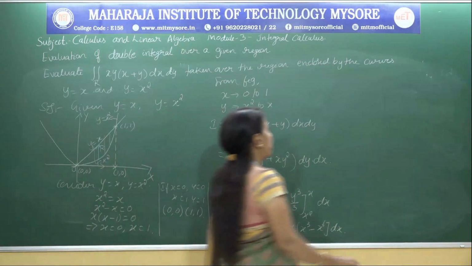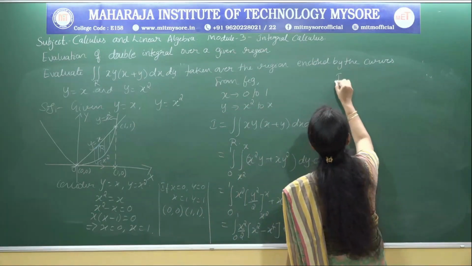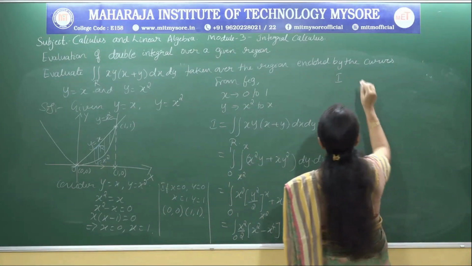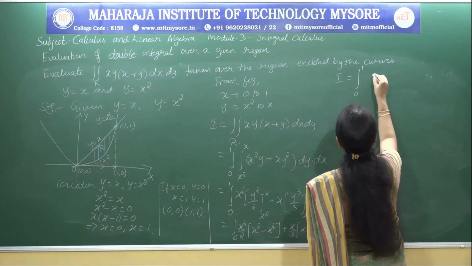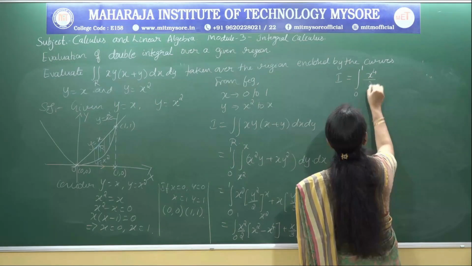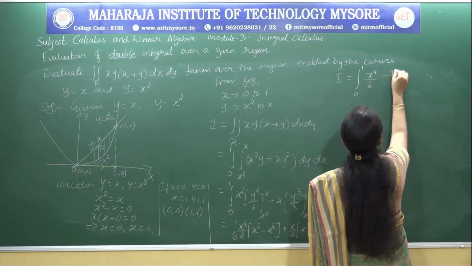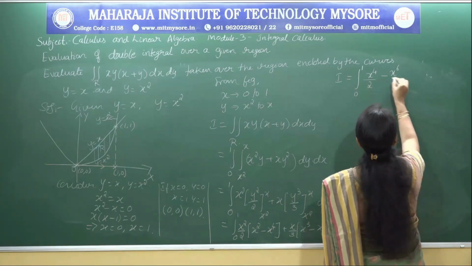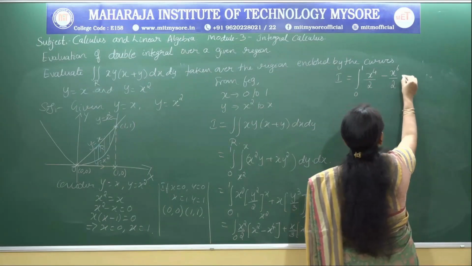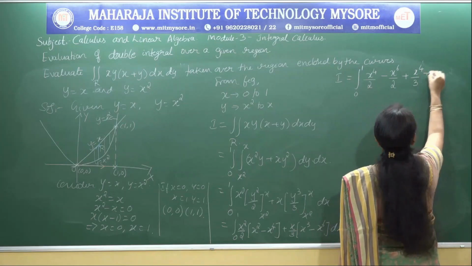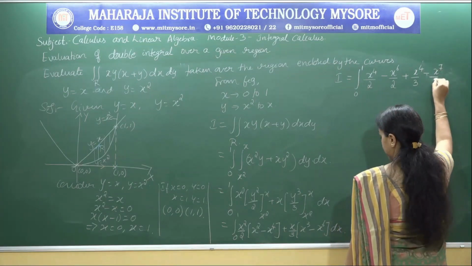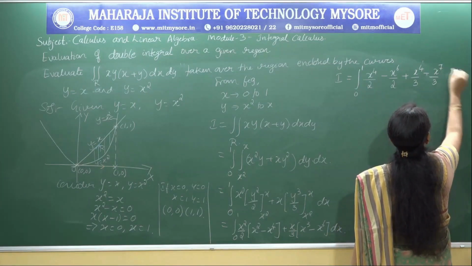Now simplify before integrating with respect to x. That is, I equals the integral 0 to 1 of x square into x to the power of 4 by 2 minus x to the power of 2 into x to the power of 4... that is x to the power of 6 by 2 plus x to the power of 4 by 3 minus x to the power of 7 by 3, dx.